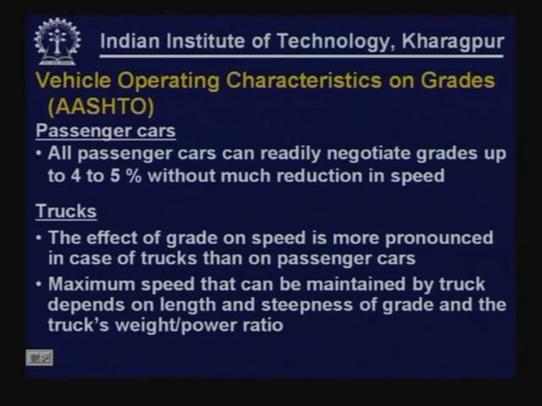Obviously, the maximum speed that can be maintained by a truck depends on the length as well as steepness of grade and the truck's weight-power ratio. So, generally the effect is more pronounced on trucks. Now, let us see the graph of how the truck speed is reduced.